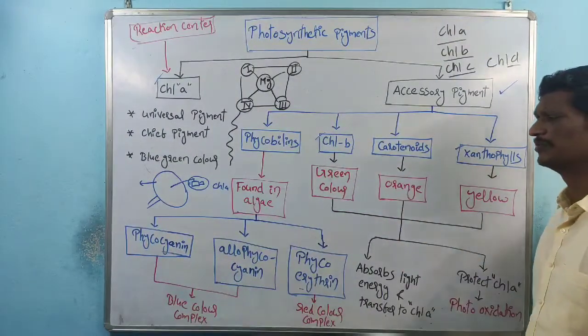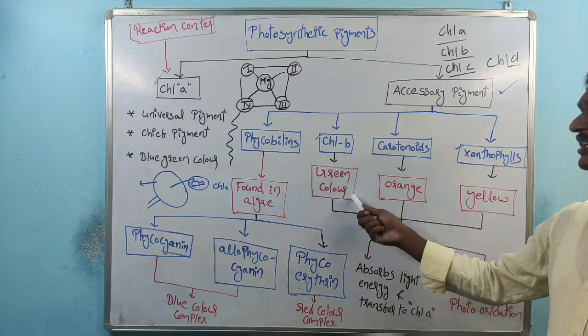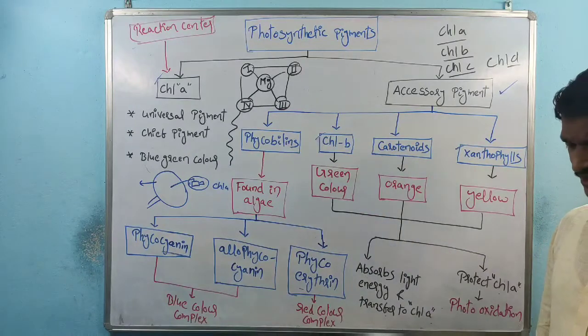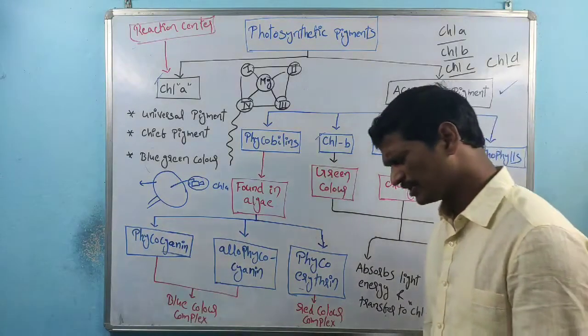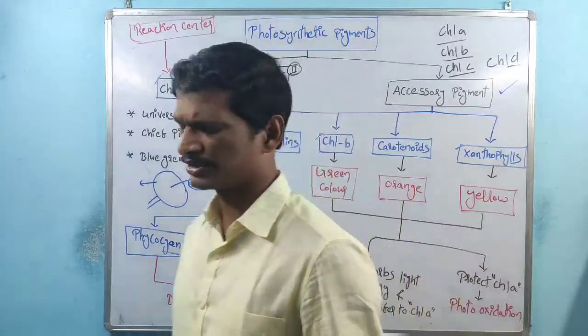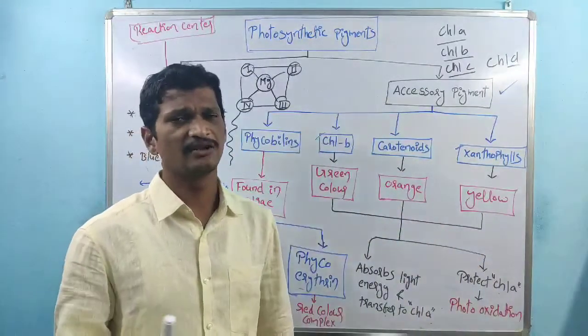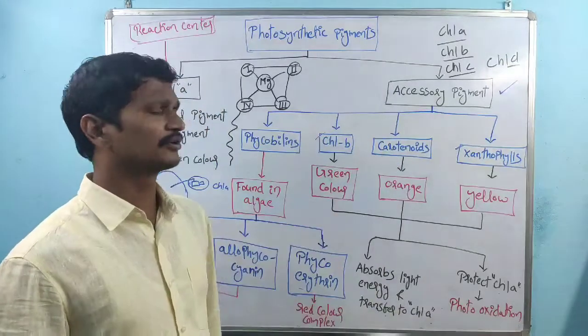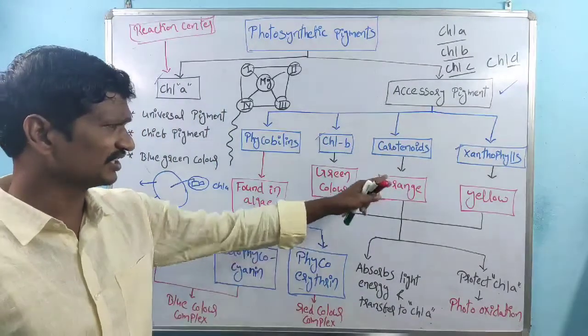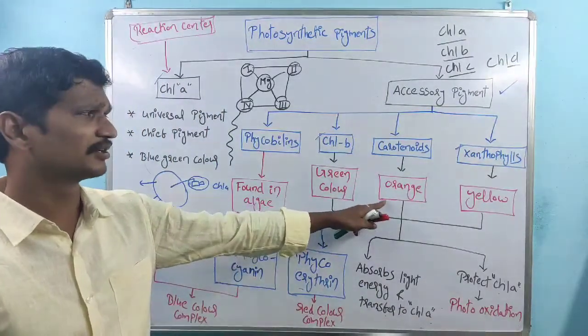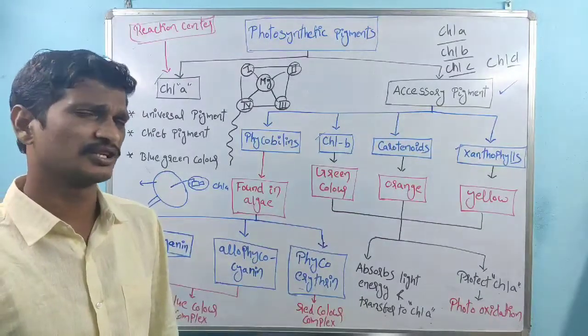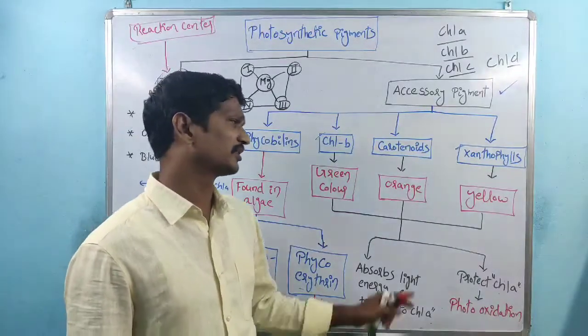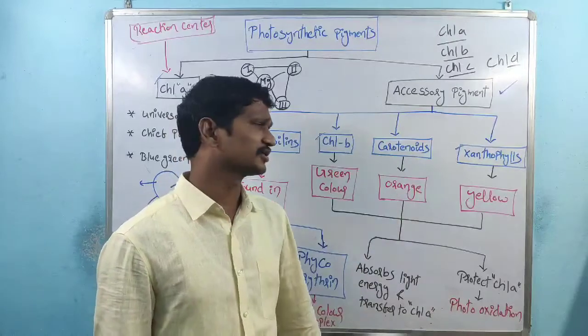The next one is chlorophyll B, which is a green color complex. Chlorophyll A is a blue-green color complex, so there is very little variation. We know about carotenoids: the carrot's color is orange because of beta carotene, forming an orange color complex.